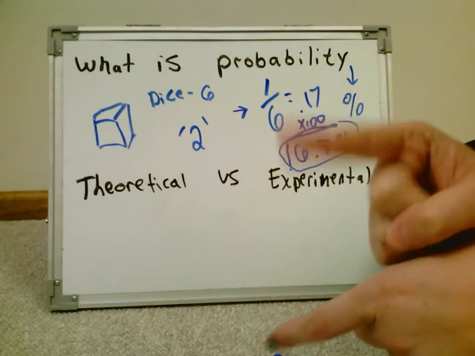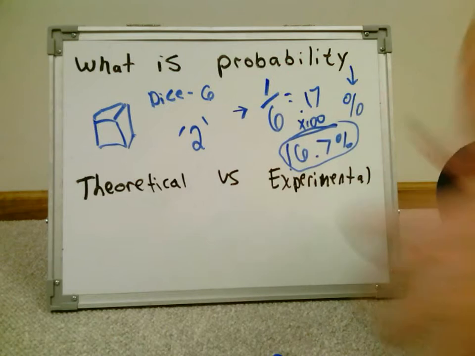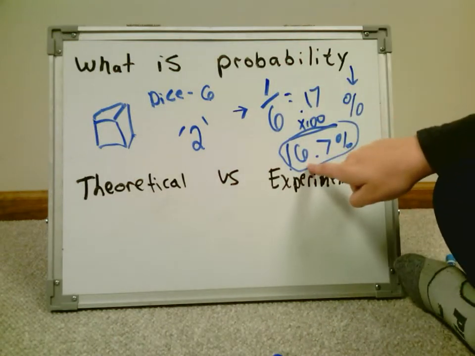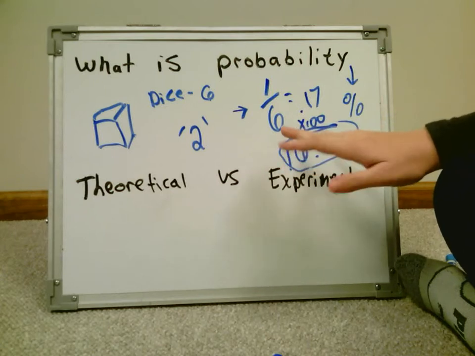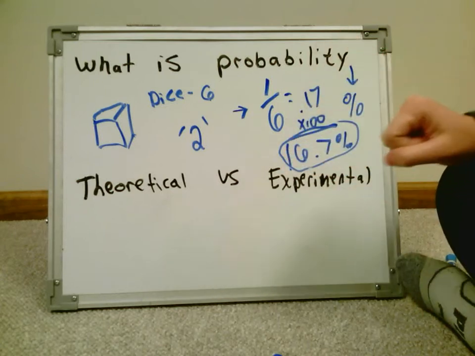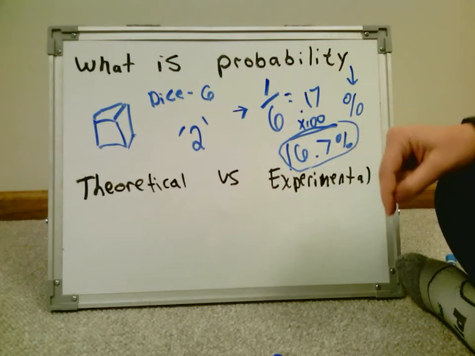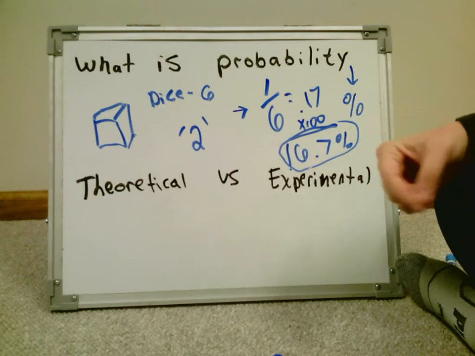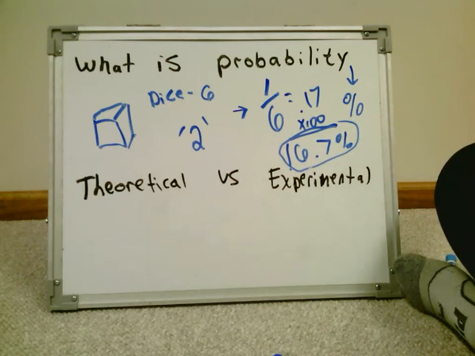If I get a 2, then, whatever the betting was, I would win, right? But here's the thing. The odds of getting a 2 is only 16%. Well, you could round it up to 17 if you feel like being confident, but it's only 17%. So the odds of getting a 2 and winning the bet, not great. Probably would not bet that.